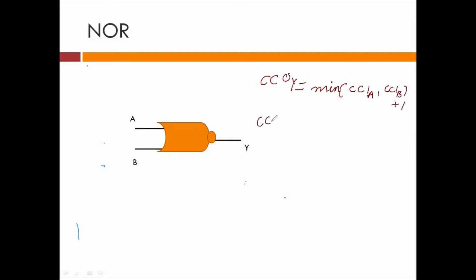Similarly, CC1 at your output Y is going to be the sum of the inputs. Are we clear on this? Are all of you getting this? I have written it directly. If everyone has got it, then fine, child. Now we come to XOR.